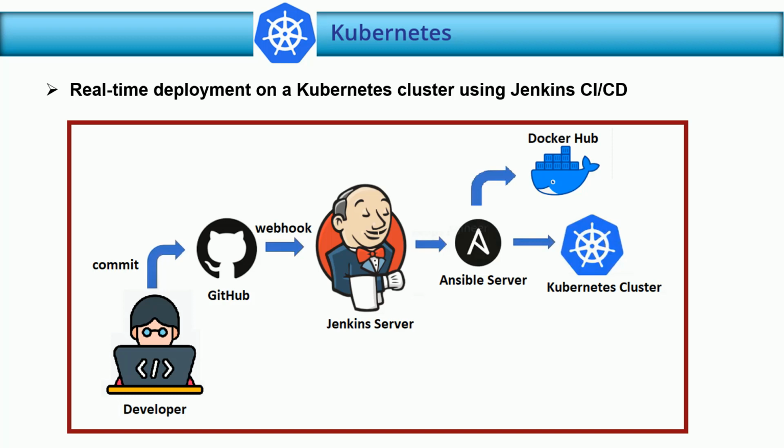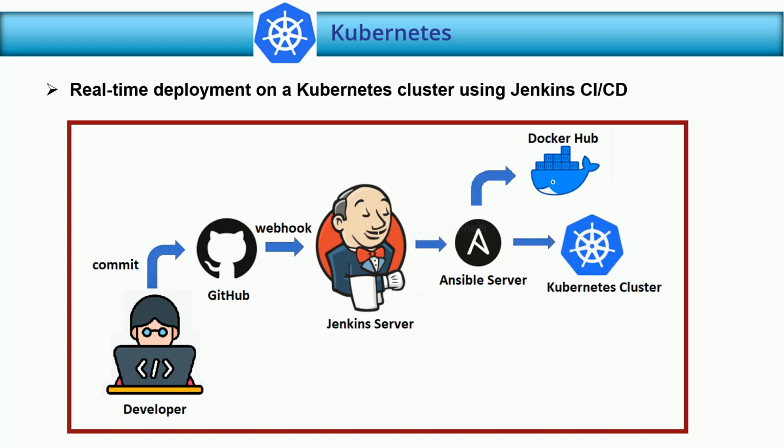So a lot of files are required. Suppose your developer has created all the files, and the developers are working from their laptop, from their local system. And from the local systems, your developer is going to push those codes to the GitHub repository.